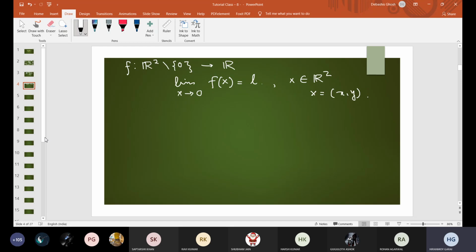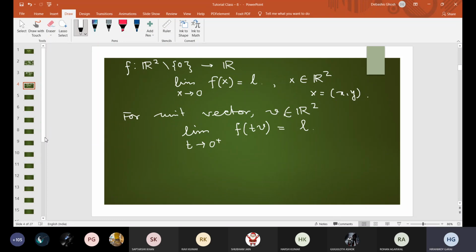But we can also have, for every unit vector, suppose it is denoted by v, and that v also belongs to R2 of course, because f is defined there, then the limit can be shifted to the limit of f of tv, which also equals L. Because if the limit exists, then we can say this.